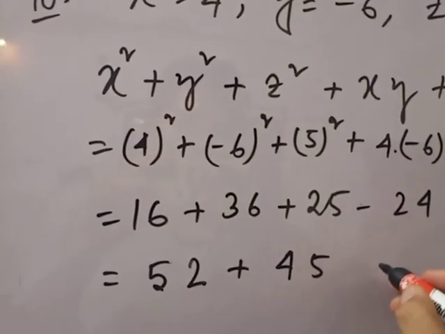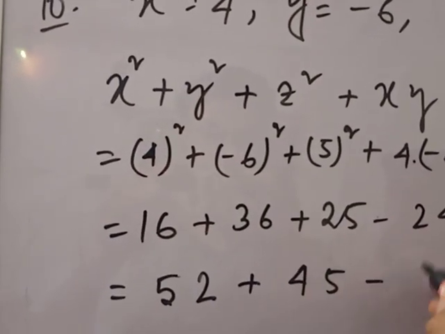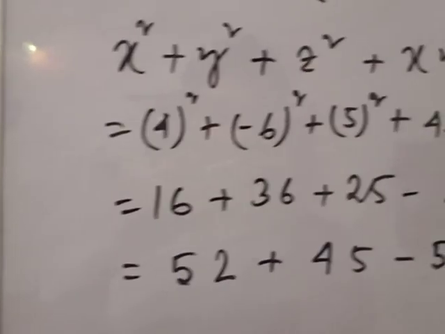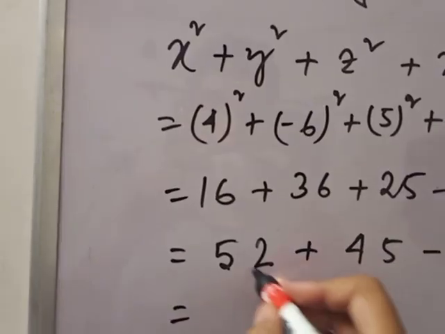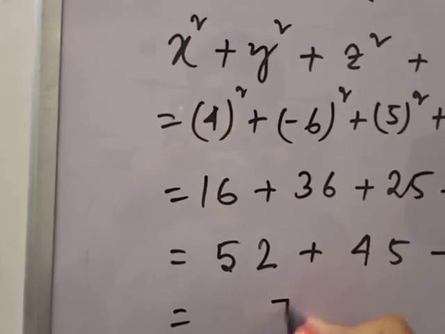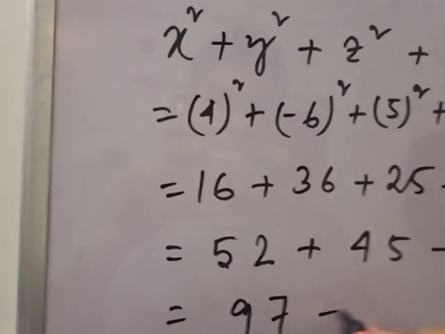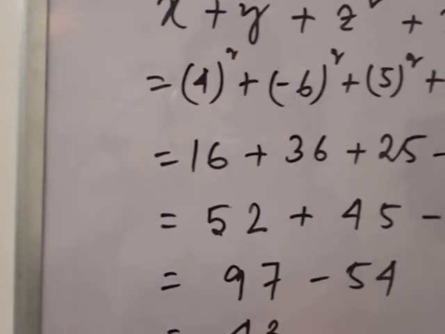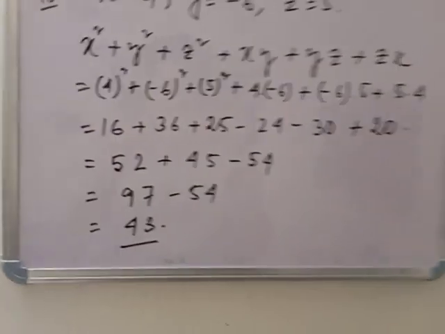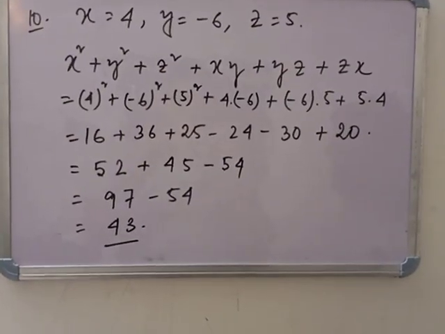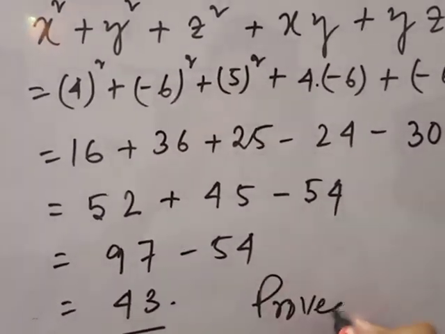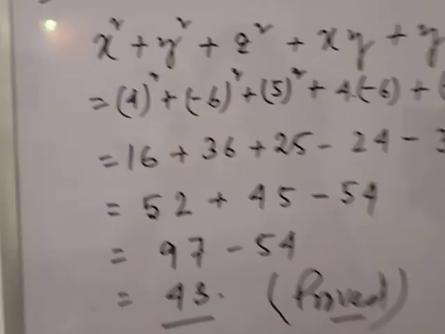And similarly this is minus 30 and 24, this is 54. So now if we add the other one, this is 97, minus 54, if we subtract we get 43. So the answer is proved.